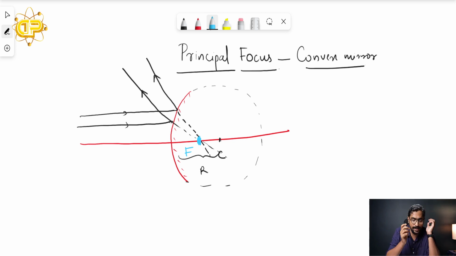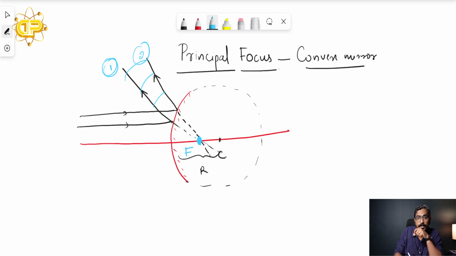Here a very important thing is there. In the previous case we can see that they meet in real, but here you can see the first ray and the second ray move apart, so they will not meet. So definitely we will extend it, extrapolate backward, and we will meet there. You will get a point on the principal axis and we call it the principal focus. And it seems that the reflected rays 1 and 2 are originating from this particular point.